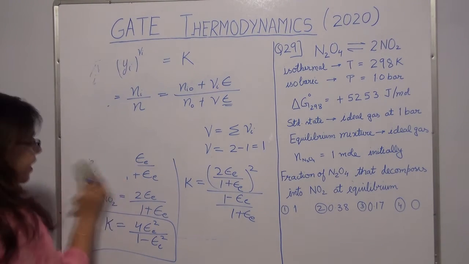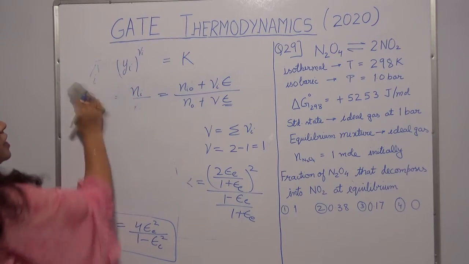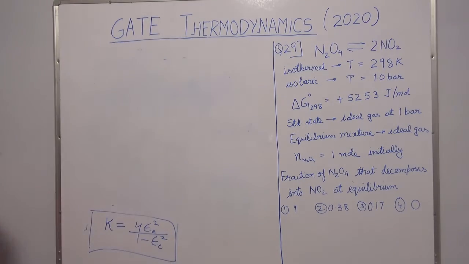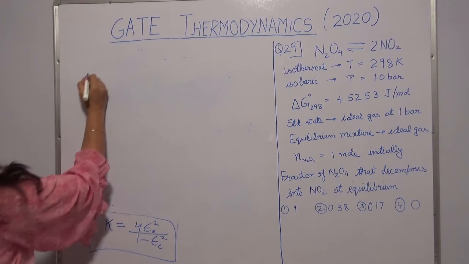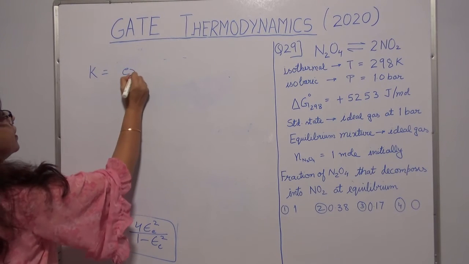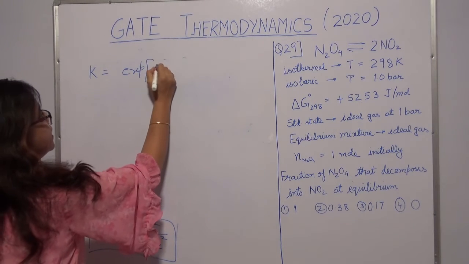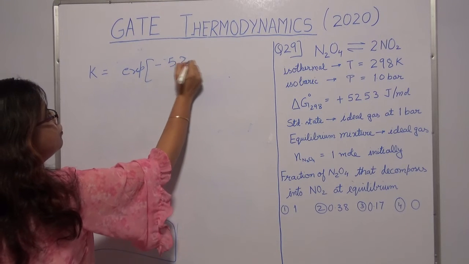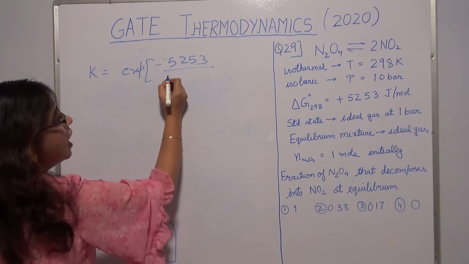Okay. So I will retain this equation on the board. Everything else I will just erase, and let's see what we get. Okay, so my K is equal to exponent of minus delta G0. What is delta G0? 5253 divided by RT.